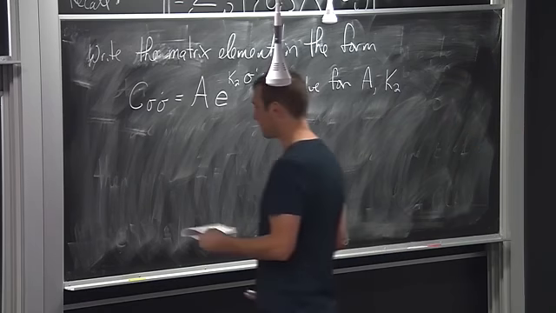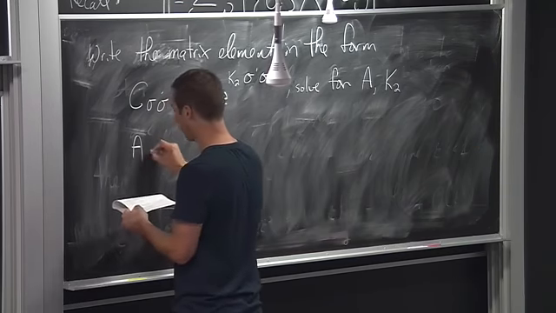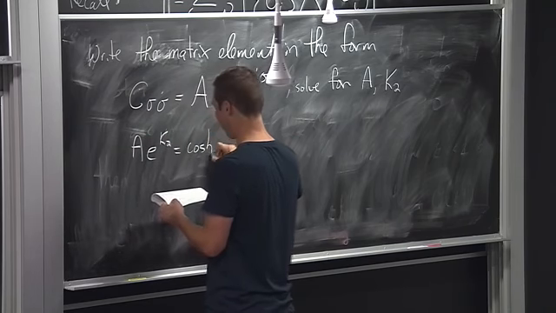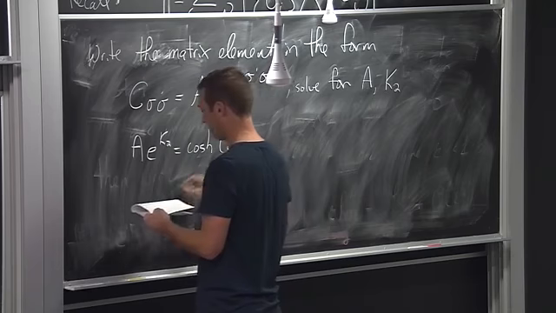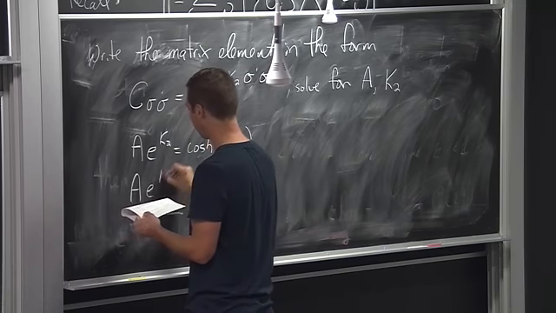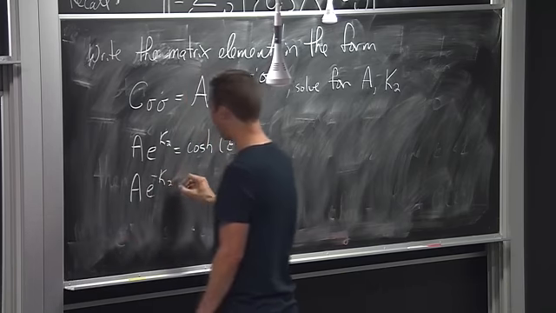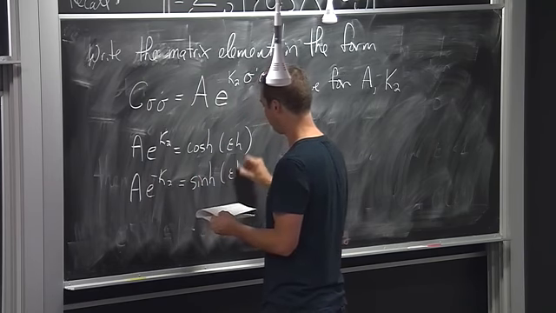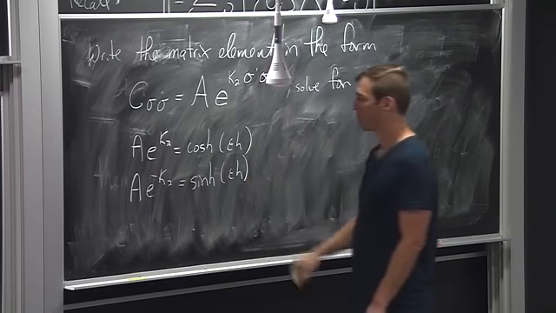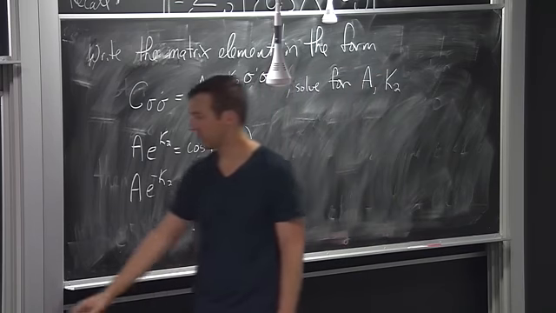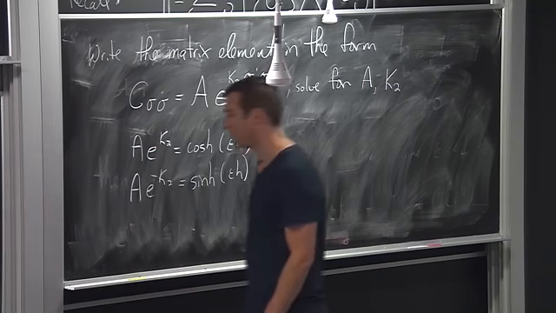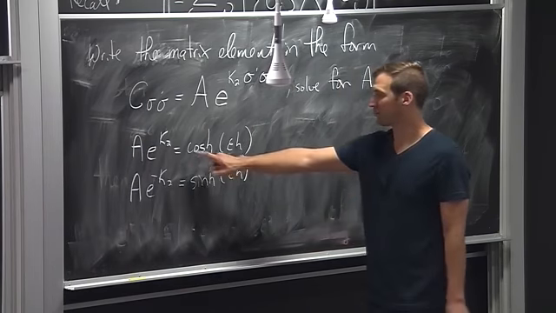But solving is easy because I have two equations and two unknowns. Plus and minus for the exponential, corresponding to these two cases here: the product sigma prime sigma is 1, or the product is minus 1, so that's 1 and minus 1.